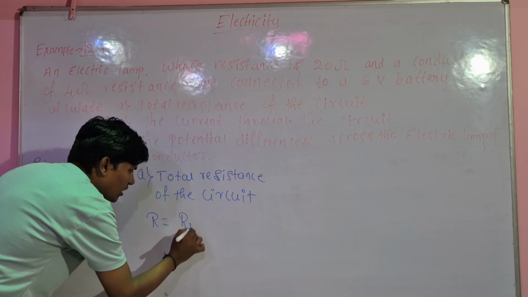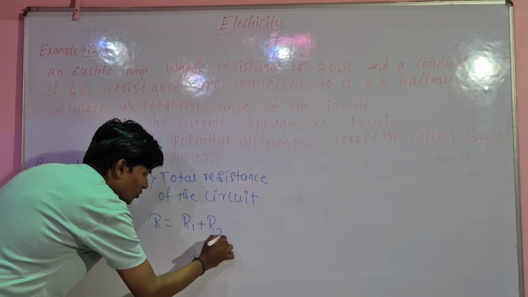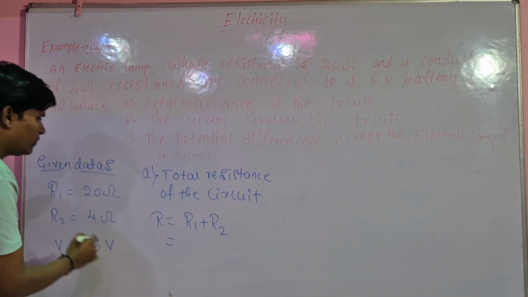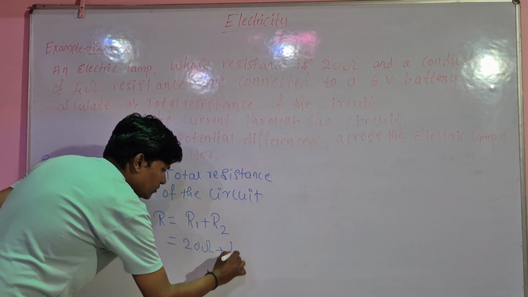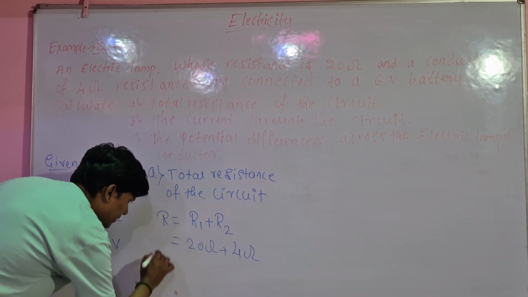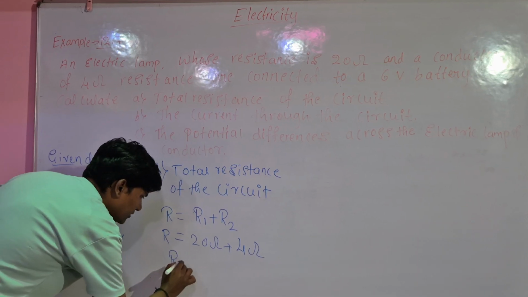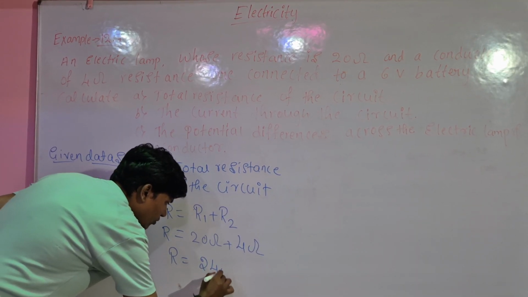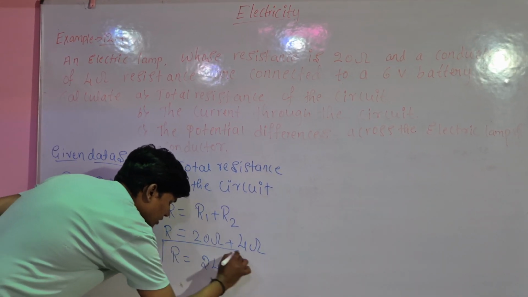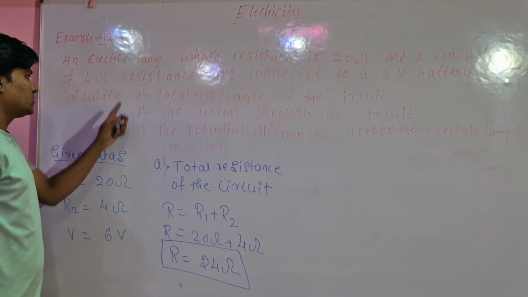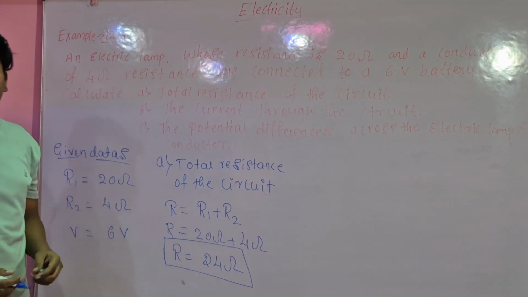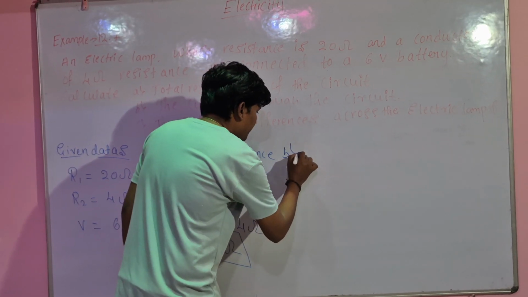R is equal to R1 plus R2, where R1 is 20 ohm plus R2 is 4 ohm, so R is equal to 24 ohm. So this is the total resistance of the circuit. This is A.